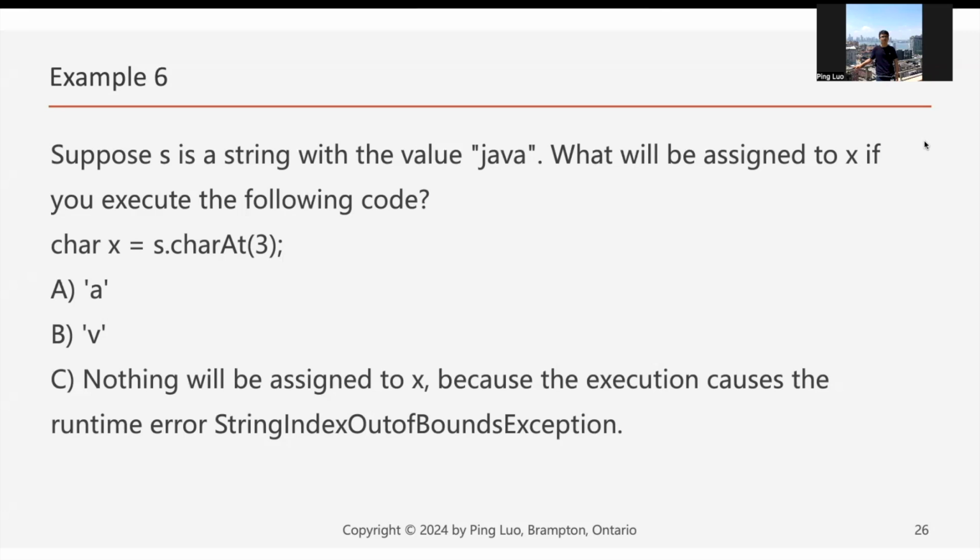You can see Java, the string, starts at index 0, 1, 2, 3. So 3 is the fourth character. If it's s.charAt(4), the answer would be C, because although the length is 4, there's no index 4.